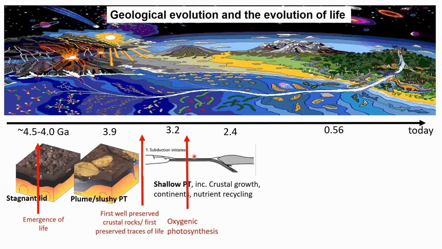This happened around 3.2 billion years ago, and shortly afterwards oxygenic photosynthesis may have appeared, all associated with the growth of continents, plate tectonics, and the habitats available for photosynthetic organisms. Oxygen was able to creep up and oxidize the atmosphere.